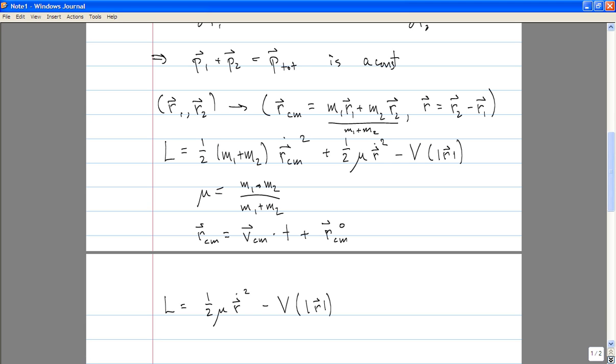I should emphasize that if I were considering a system of 27 masses interacting via some potential, instead of 2 masses, then as long as this potential, as a function of those 27 positions, only depended on the relative distances between those objects, then I could do exactly the same set of manipulations.